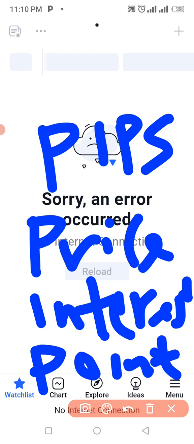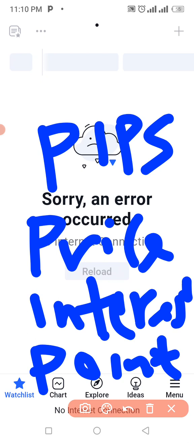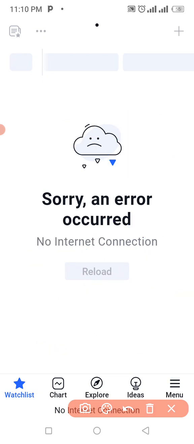Price interest point. Then we would say that it simply means the smallest incremental change, or the smallest increment by which the value of a currency pair can change.